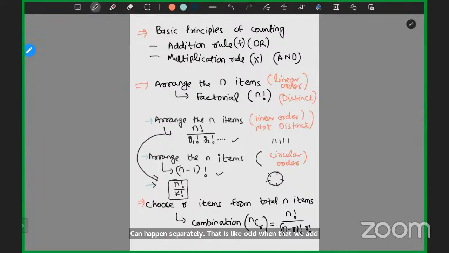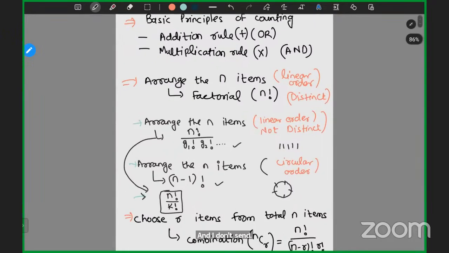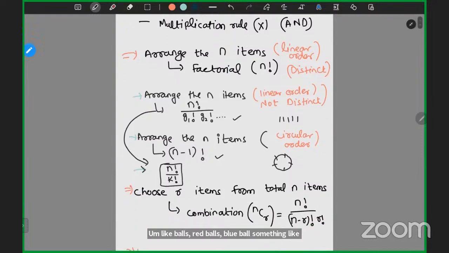When we have to do one thing and also another thing, then we multiply. If I have n distinct items, then I use factorial. When they are not distinct, then n factorial divided by g1 factorial, g2 factorial, where g1 and g2 are similar items, like red balls, blue balls, something like that.